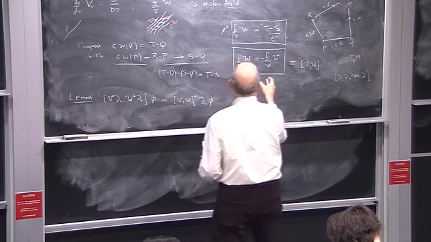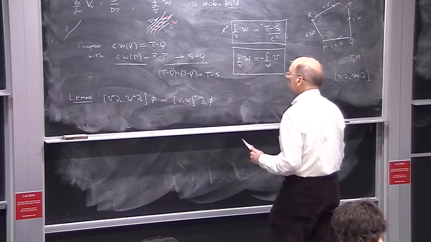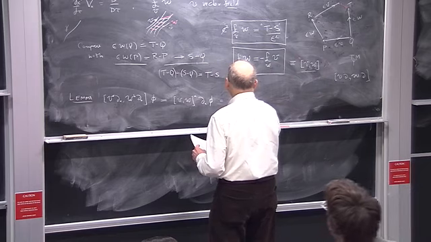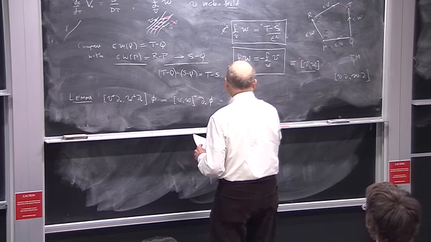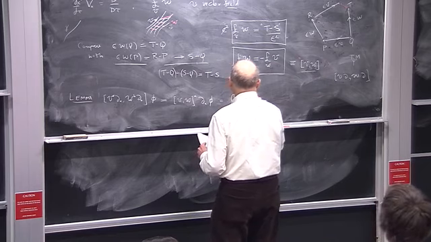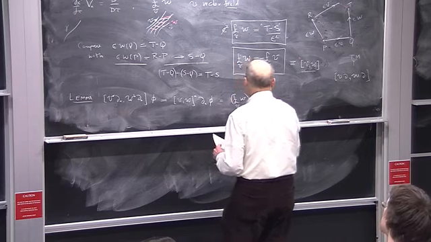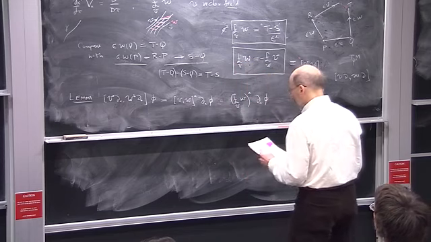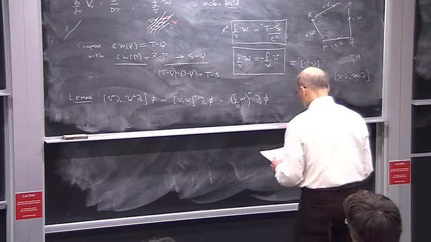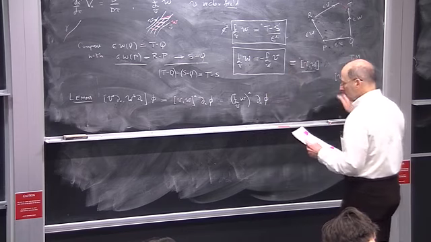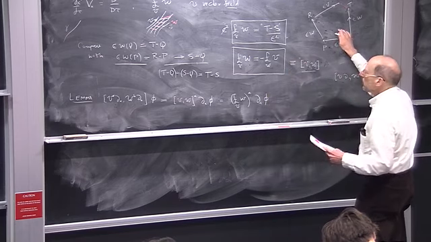But I claim that as long as we act on a scalar, take the gradient along a particular vector field, that just gives you back another scalar field, then we can act on it a second time, and then we can commute them. I claim that that equals the bracket of V and W, grad acting on the scalar, where this bracket is, as I've already written here, the Lie derivative along V of W dotted into the gradient and acting on the scalar field. And this is true for an arbitrary scalar field. Let's see if we can justify this from the picture.